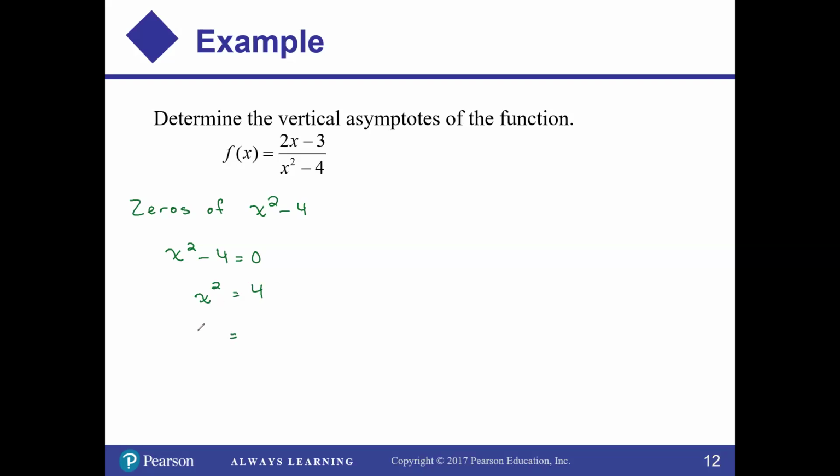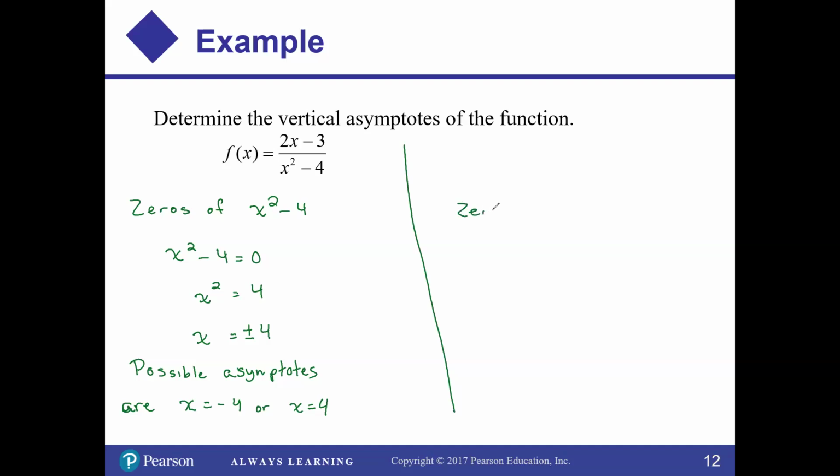If we solve this, x is going to be plus or minus 4. We have two zeros, negative 4 and positive 4. So these are our possible locations of asymptotes: x equals negative 4 and x equals 4.